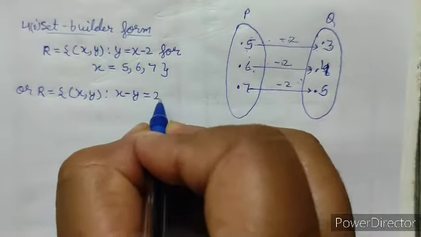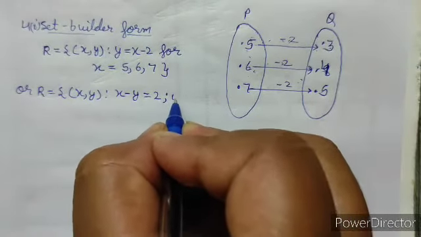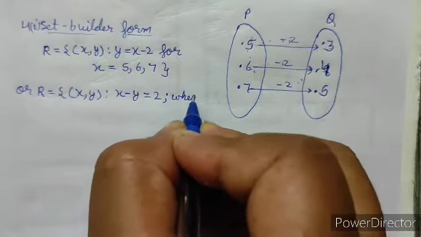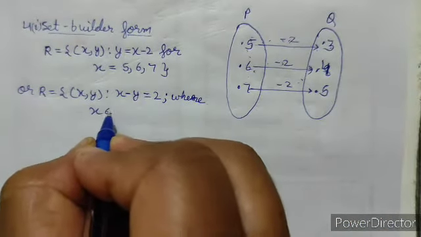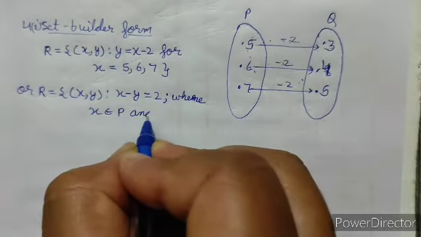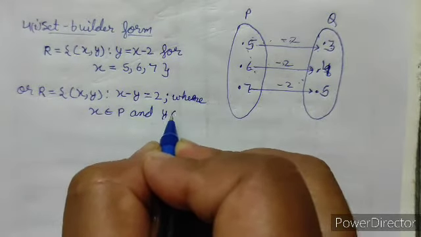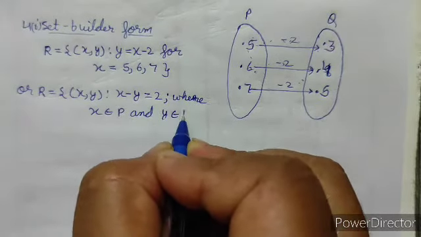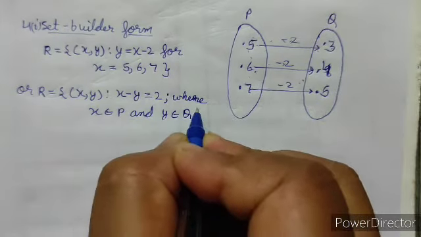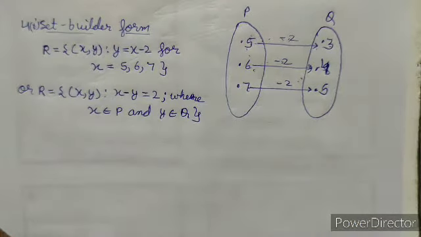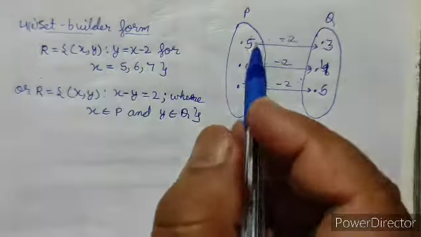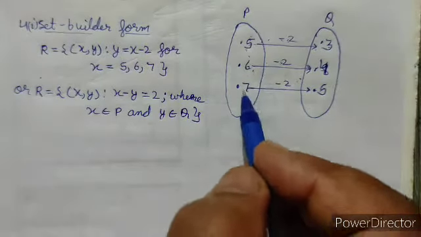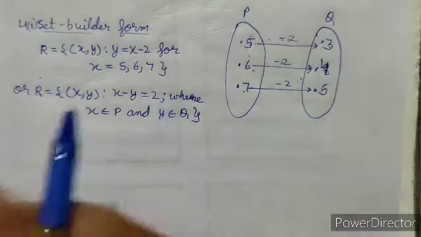So x minus y equal to 2, where x belongs to set P and y belongs to set Q. And set P is 5, 6, 7 and set Q is 3, 4, 5.